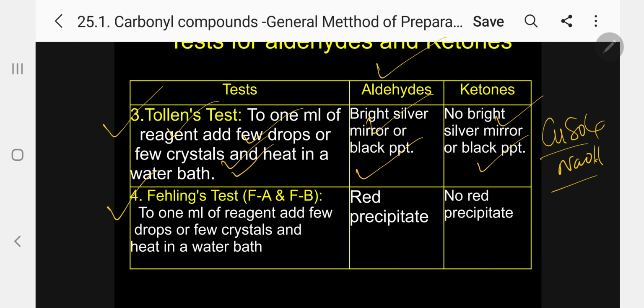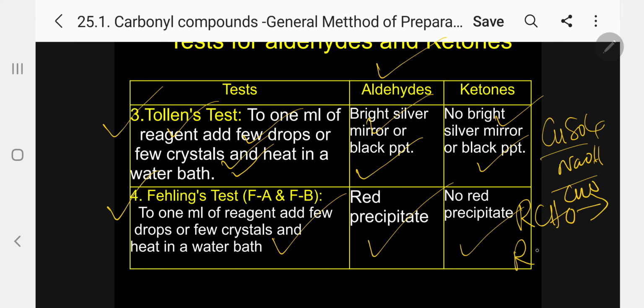So you mix Fehling's A and Fehling's B solutions in a 1:1 ratio. To 1 ml of this reagent, add a few drops or crystals of aldehyde or ketone and heat in a water bath. In the case of aldehyde, a red precipitate is formed. In the case of ketone, no red precipitate is formed, because aldehyde is easily oxidized by copper oxide formed from this Fehling's reagent, being converted into acid and producing cuprous oxide, a red precipitate.